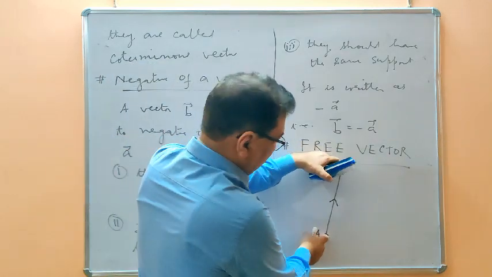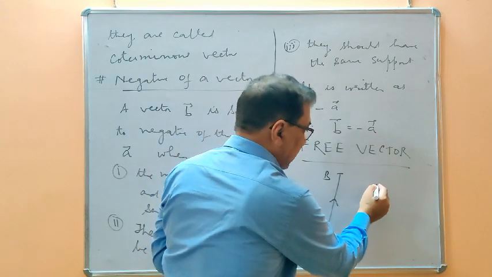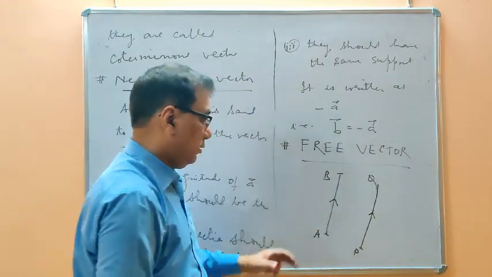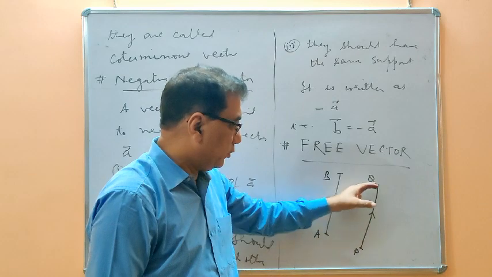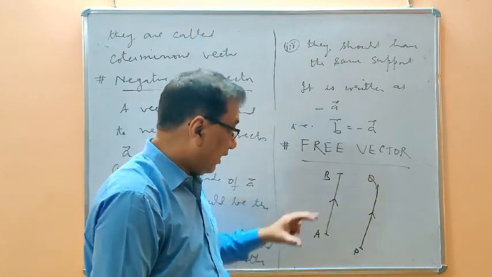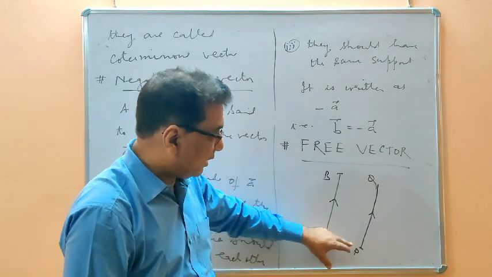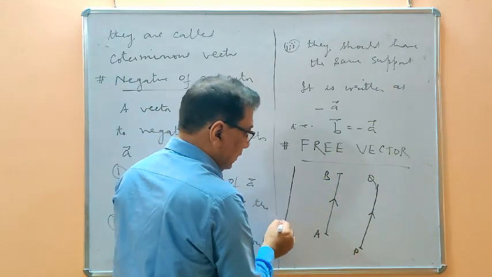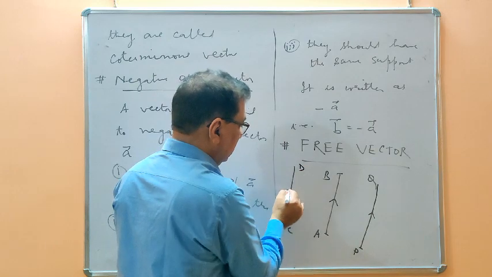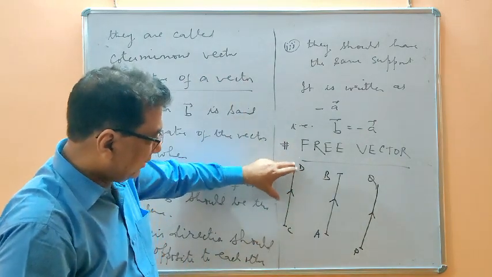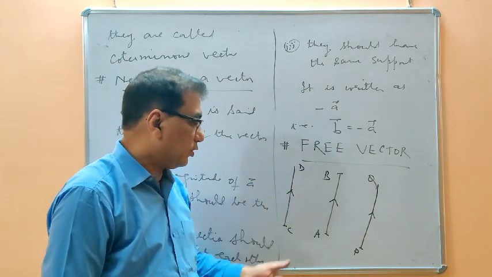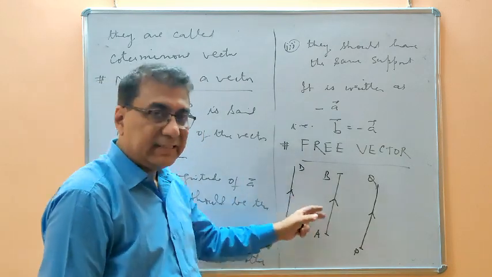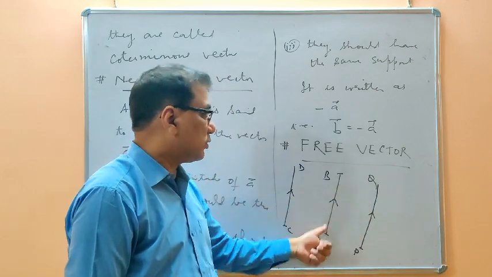Now if we shift this vector in parallel way without changing the direction, AB is shifted to the new position PQ without changing the direction and without changing the magnitude, means the length of AB is same as length of PQ, or it may be shifted, suppose, in this way, and if I take the point as CD, again if the magnitude of CD is same as AB and direction is also same, then the vector AB is subjected to the parallel shift, and hence it is called a free vector.